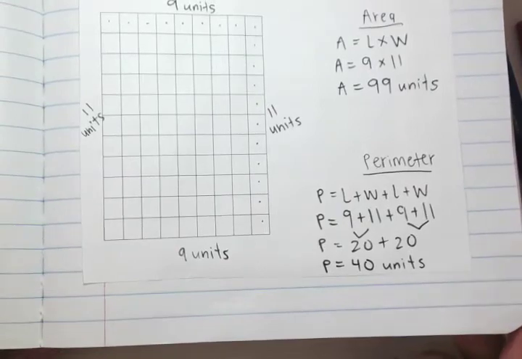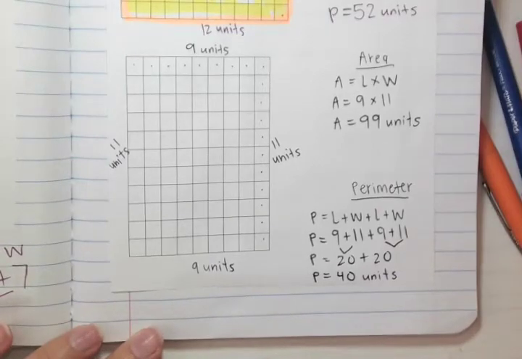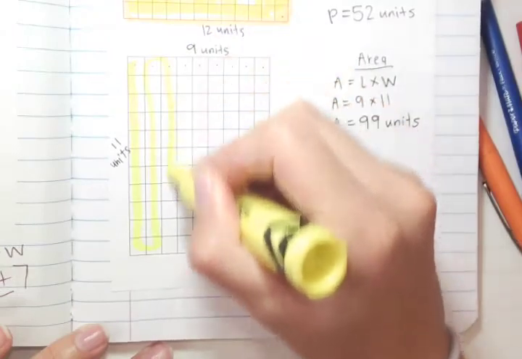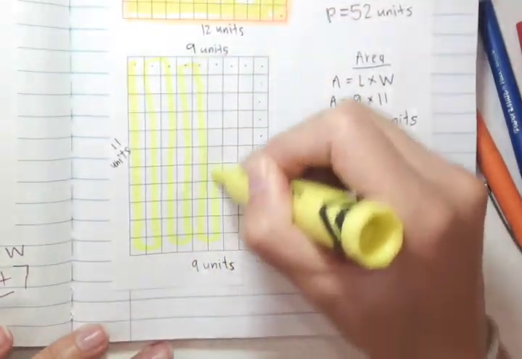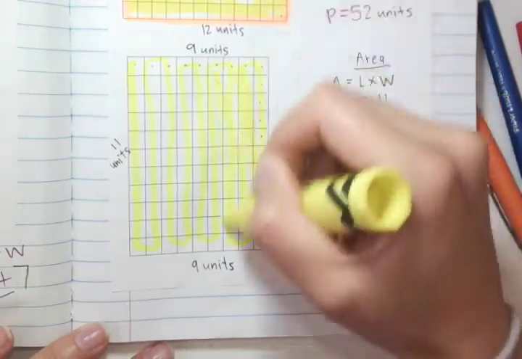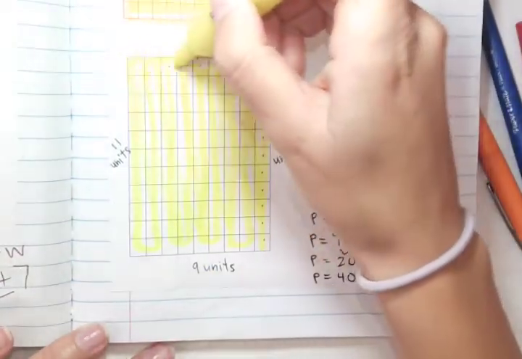You need to know that area is, let me get my highlighter. Area tells us all of these boxes in here. If you were to go through and count every single one, you would end up at 99 units, period.